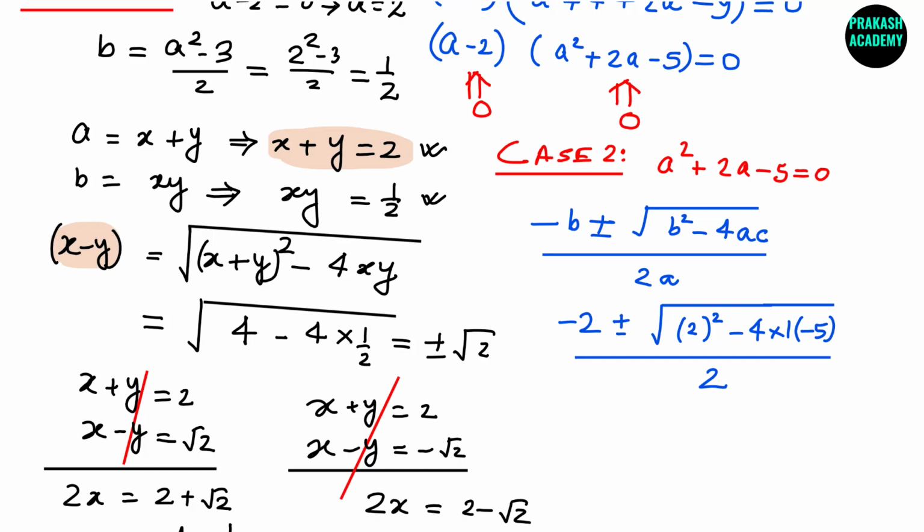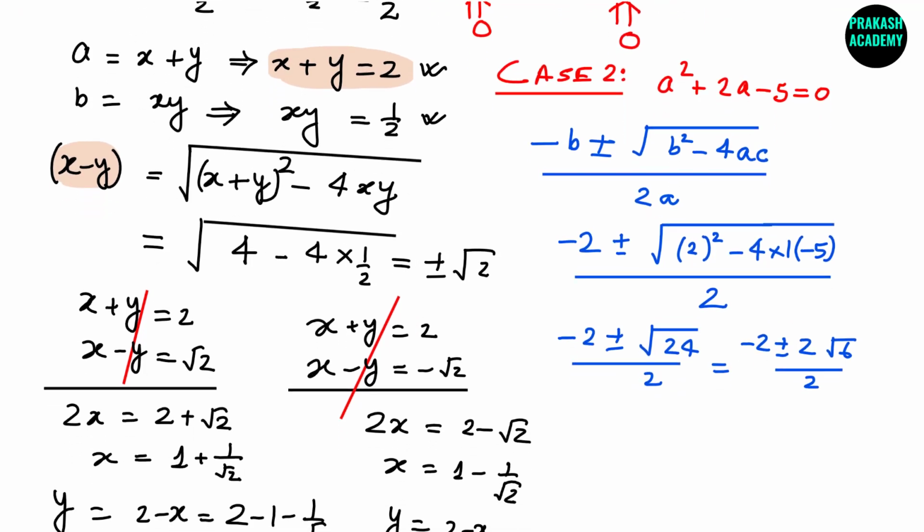This divided by 2. So you will have minus 2 plus minus square root of 20 plus 4, that is 24, divided by 2. So this is minus 2 plus minus 2 root 6 divided by 2.